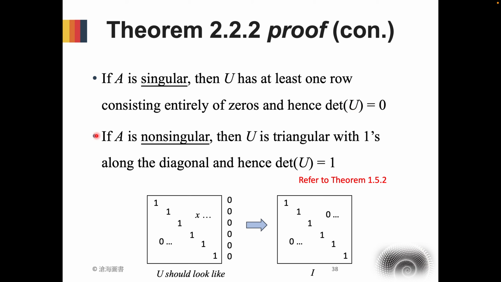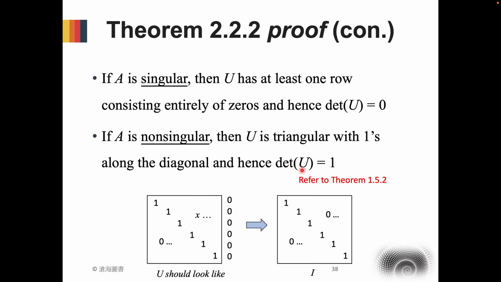And if A is non-singular, then U is triangular with 1s along the diagonal. That looks like this. If A is non-singular, then its corresponding reduced row echelon form would look like this. We can see that this kind of matrix is an upper triangular matrix, and its diagonal entries are all equal to 1.